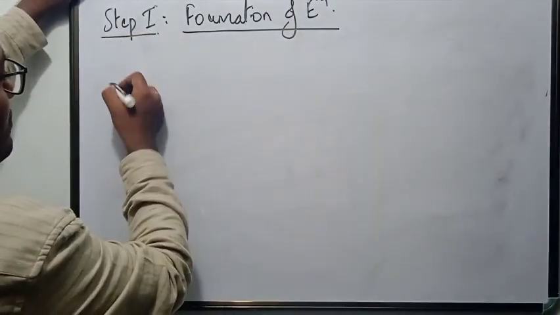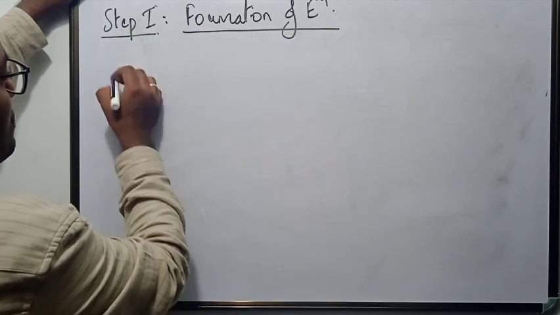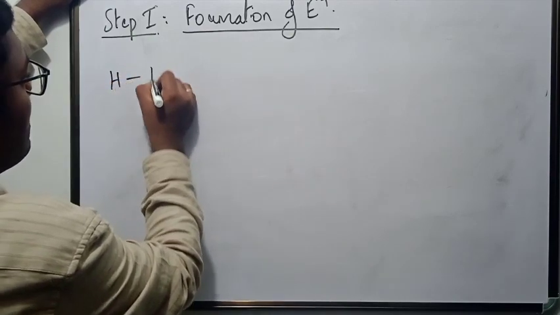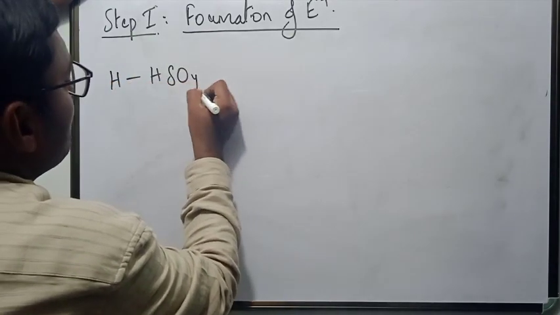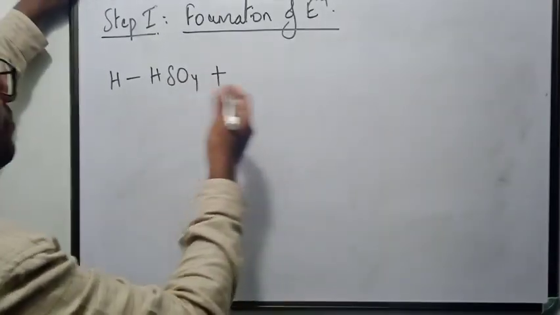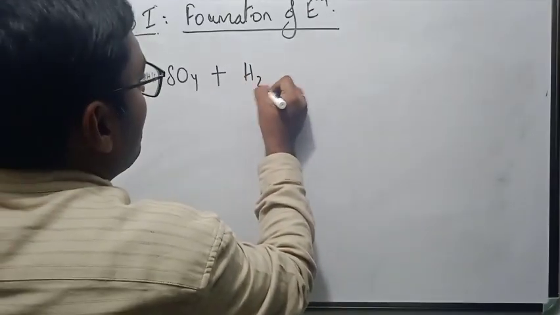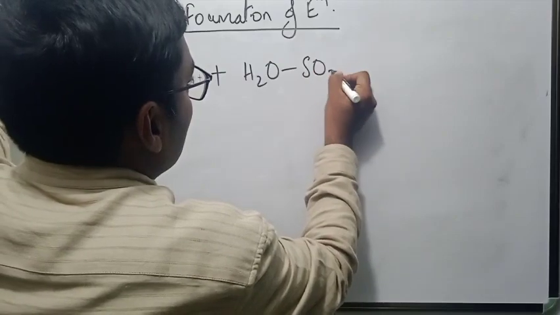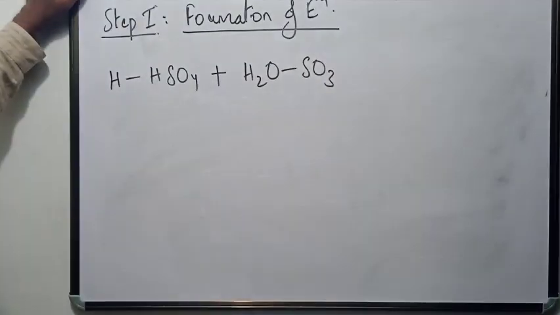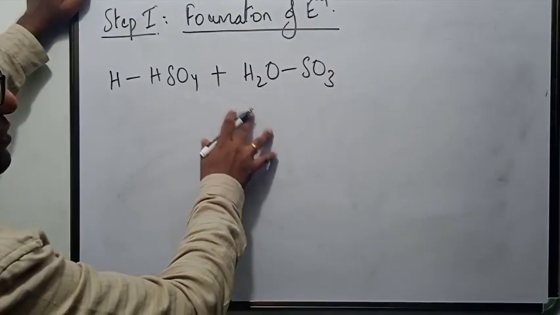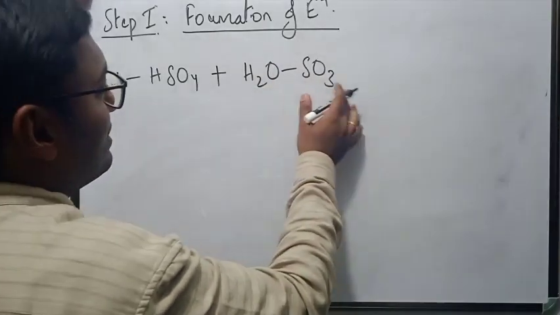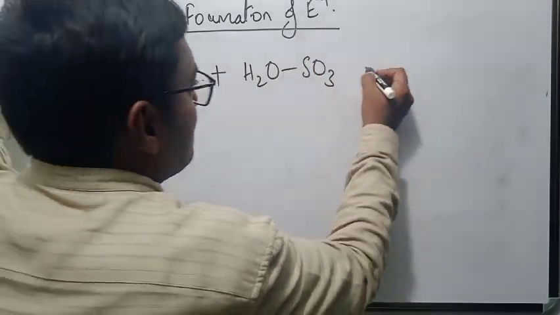I am going to write the first molecule of H2SO4 like this, HSO4 minus, and the second molecule of H2SO4 like this, H2O SO3. Fine. Now the function of H2SO4 is to release a molecule of acid, that is H3O plus.